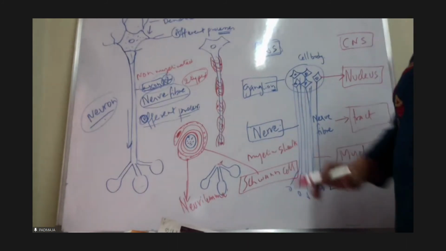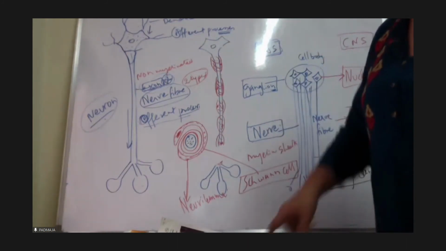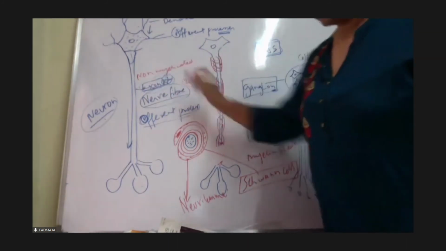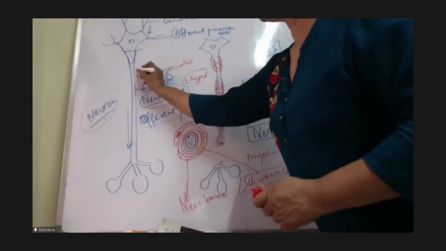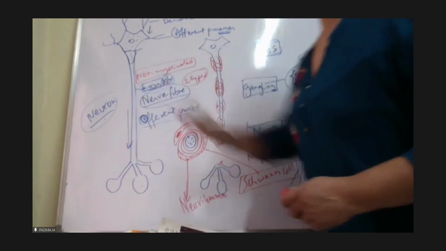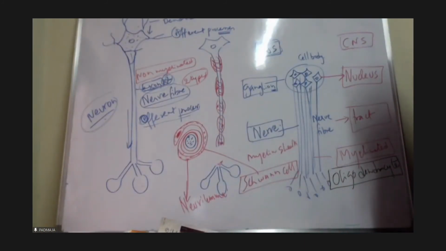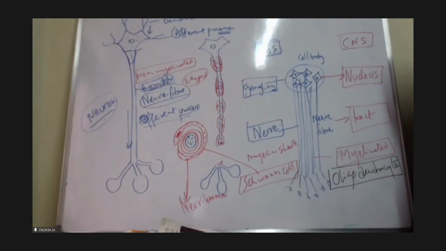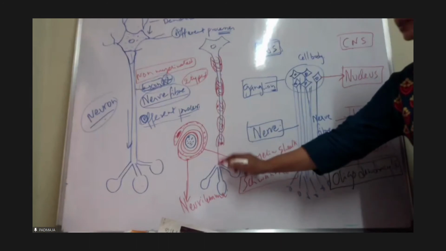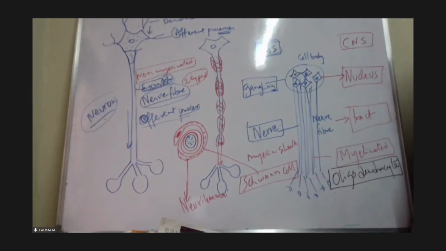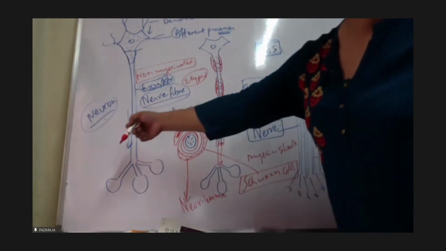Then what about non-myelinated neurons? Which cell supports them? Here, in the central nervous system, oligodendrocyte for myelinated neurons. In the peripheral nervous system, myelinated neurons have Schwann cells. And non-myelinated neurons?